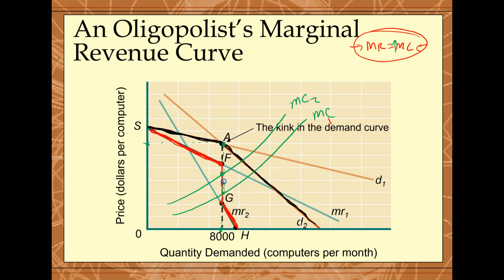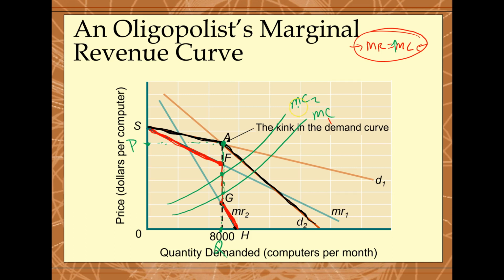And if we go up to here, price doesn't change. So as long as marginal cost shifts within this gap, we have no change in P, and we have no change in Q. So this is another way to demonstrate why price and output are more stable in this market structure than in other market structures.